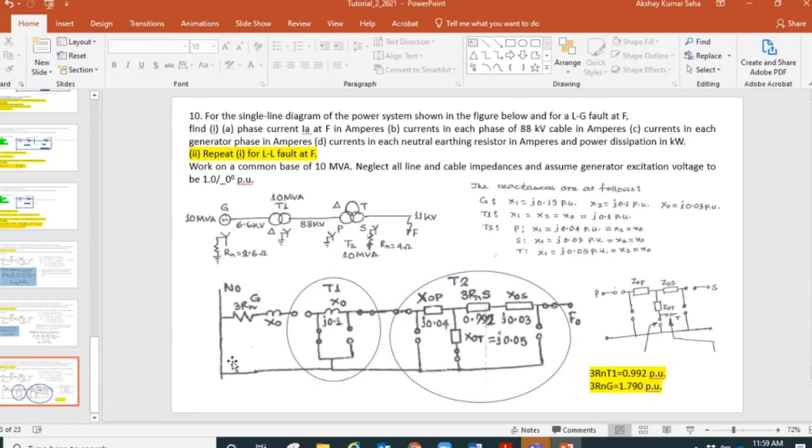Can you now find out and confirm that you're getting 0.992 for the first one, transformer T2? The voltages are different. The generator is operating at 6.6 kV, while the transformer T2 is at 11 kV. If you need to look at the system diagram, what are you getting?